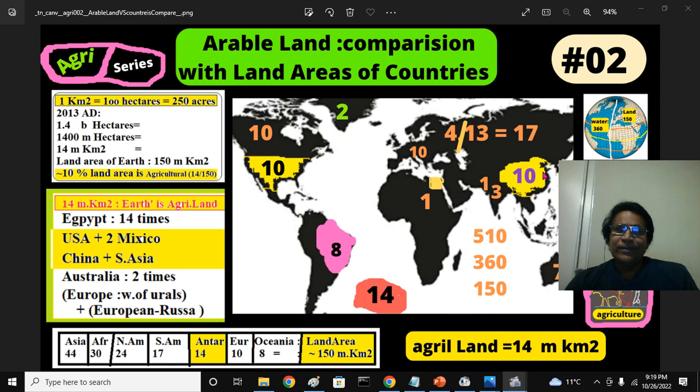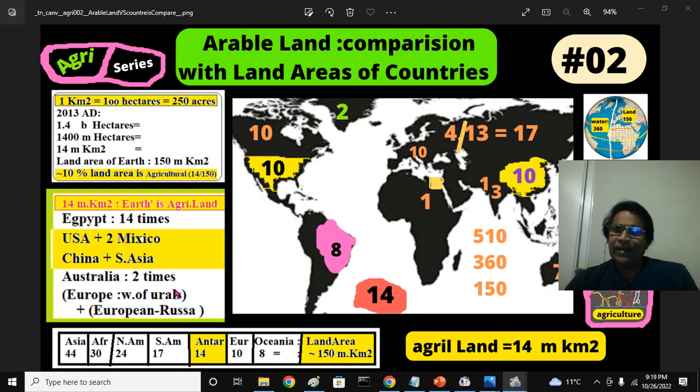Now we have China here, which is again 10 million square kilometers. China, United States, Canada, and Europe west of the Urals are each 10. So take China, and India is 3.2. Across the Radcliffe line, the partition line, the Ravi line, we have almost 0.8 to 0.9, and both together make 4. 10 plus 4 is 14.